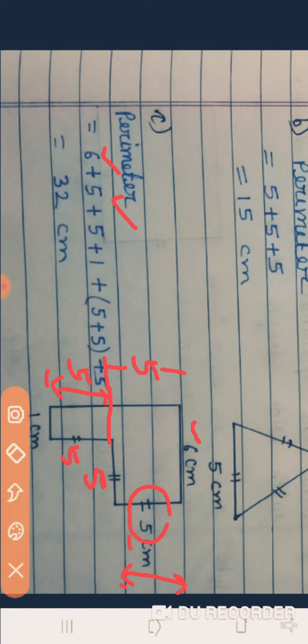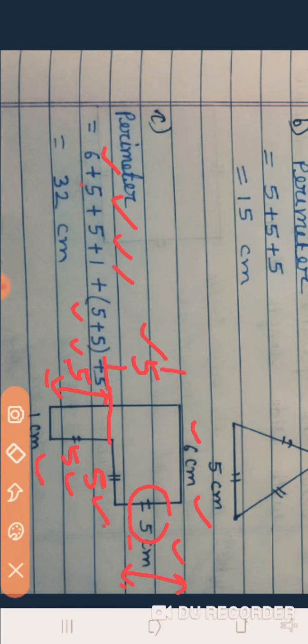So what is the perimeter? 6, 6, 5, 5, 5, 1 centimeter, 1 centimeter. Now 5 plus 5, 10, and this 5.